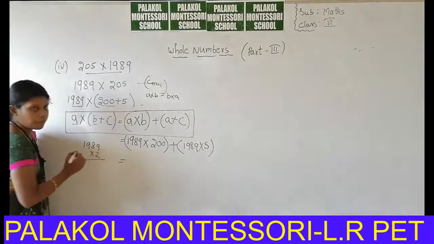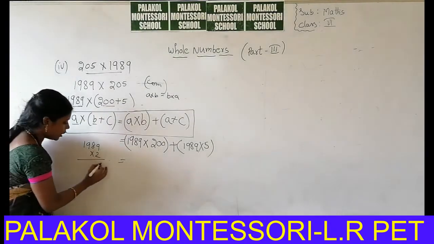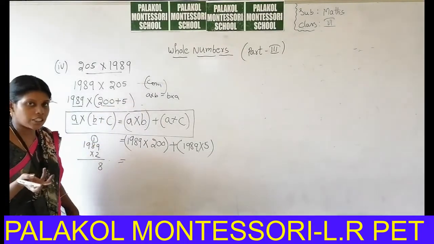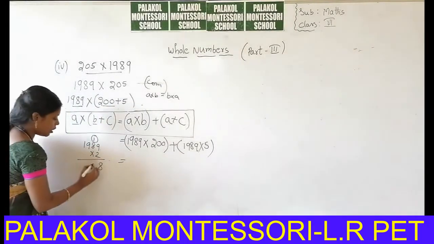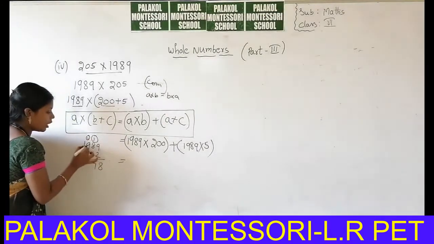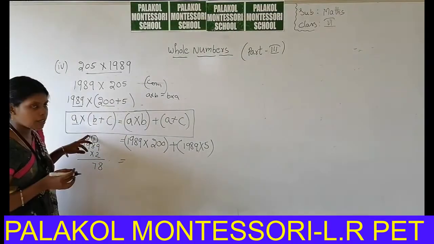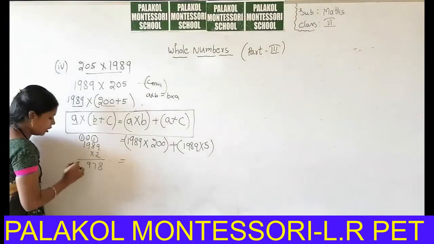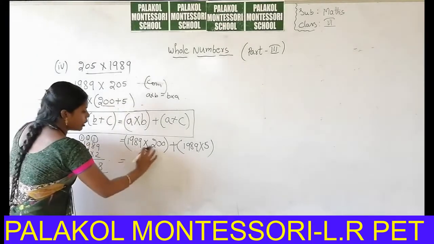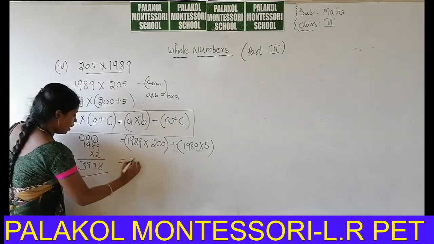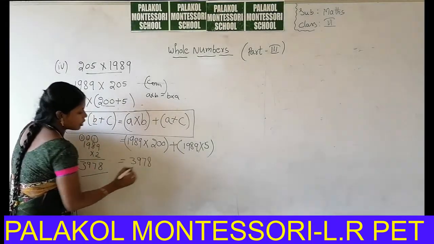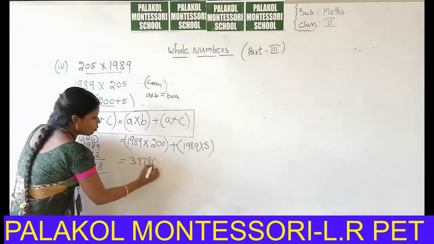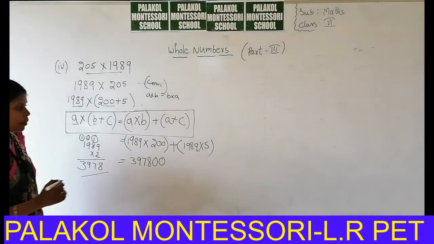So 2 nines are how much? 18. 8, 1. 2 eights are 16. 16 plus 1, 17. 2 ones are 2 plus 1, 3. What is the answer? 3978. How many zeros can you close? 2 zeros. So we can put the 2 zeros.